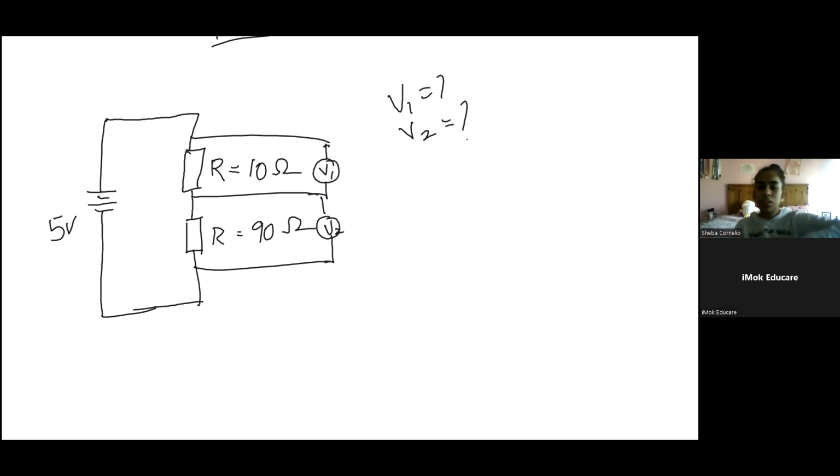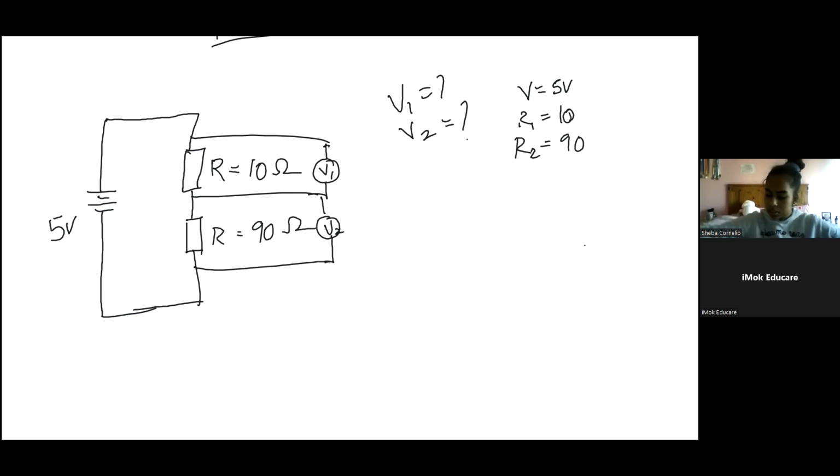How do you know which formula to use when? By looking at what is given. We have V, which is 5 volts. We have R1, which is 10. We have R2, which is 90.